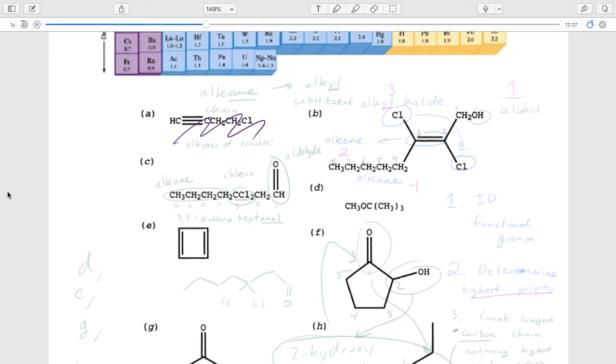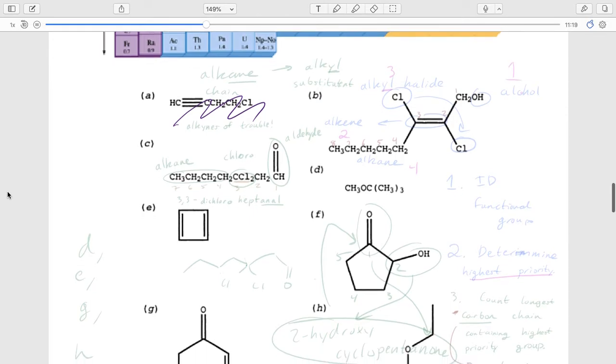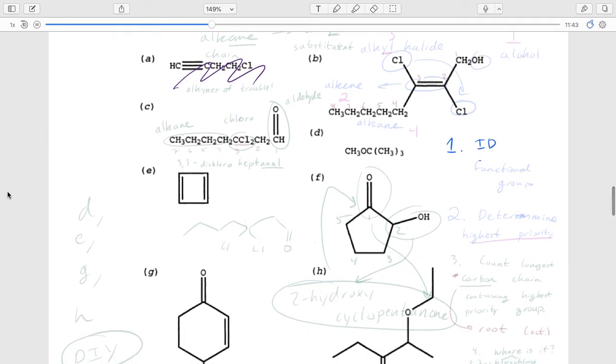So starting with number B, let's do B together, and then I'll let you choose 1 or 2 to work on your own. That's actually a good one to do. We'll leave that one. So how I like to do it, in terms of my own personal rules that make it easier for me to follow, the first thing I do is identify functional groups.